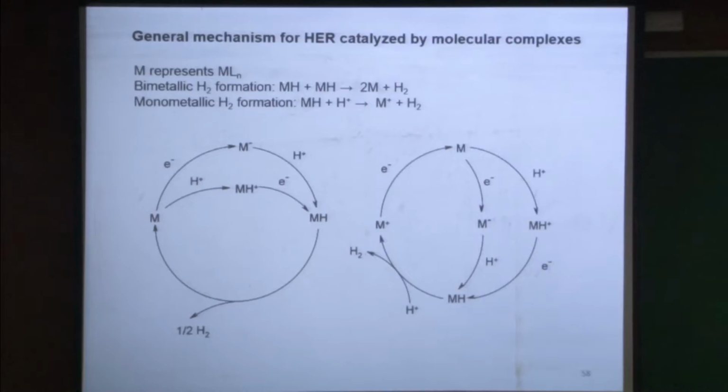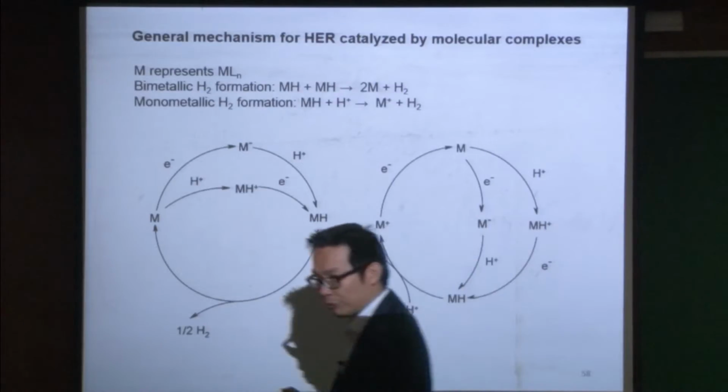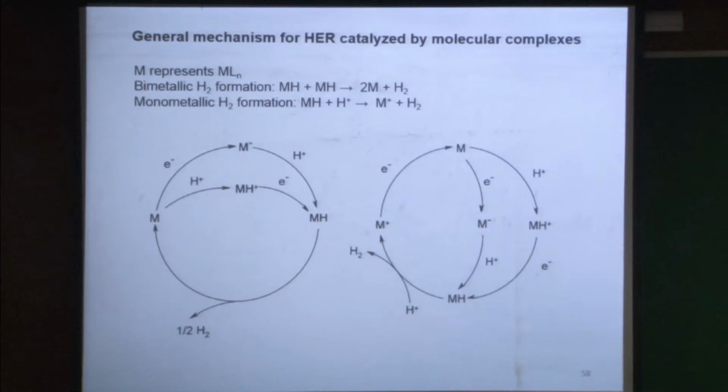In this process, the oxidation state of M in fact decreases by 1, because you consider hydrogen now as a radical instead of an H minus ligand. So you basically have a reduction of the metal by 1. The whole process is as if two hydrogen radicals come together. We call it a bimetallic pathway.